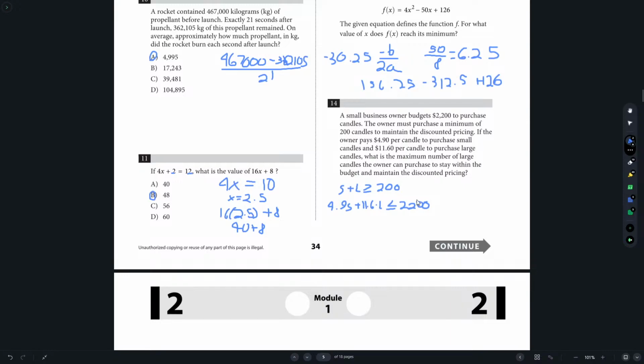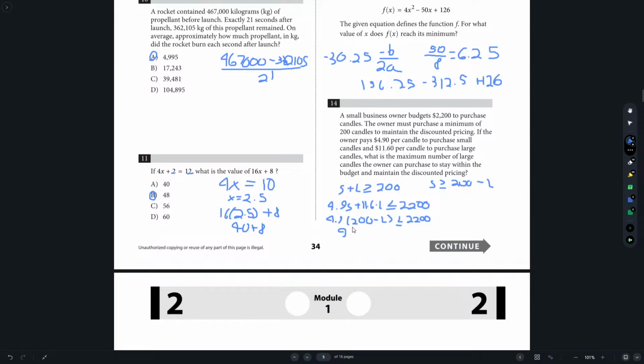Then we can just plug some of this stuff in. We get that S is greater than or equal to 200 minus L. We know S is positive. Let's plug that in for S. We get 4.9 times 200 minus L is less than or equal to 2,200. So then we multiply 4.9 by 200.